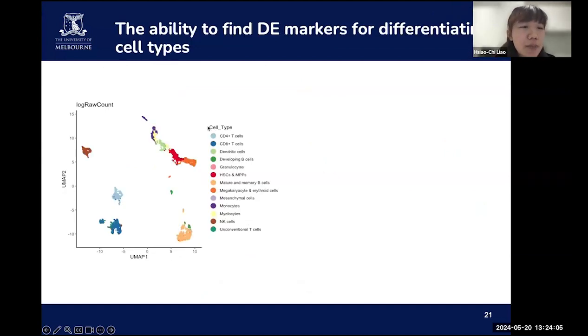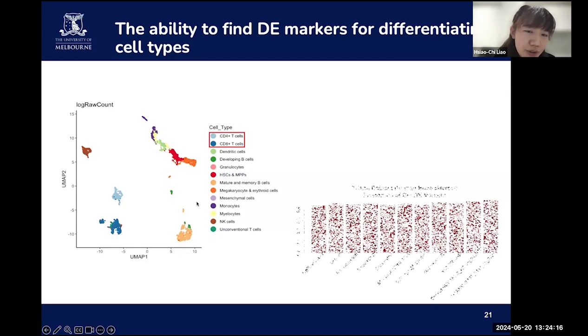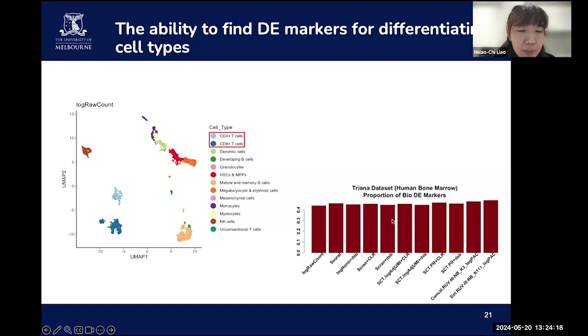With this example, I would like to show some DE results by looking at the DE markers for differentiating CD4 T cells and CD8 T cells. Here I'm calculating the proportion of biological DE markers found from different normalization methods. It turned out that extended IUV3MB was able to have a slightly higher proportion of biological DE.